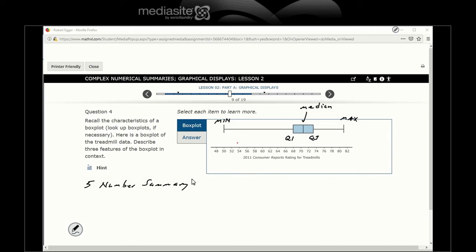All right, those are your 5-number summaries. Each quartile represents 25% of the data points.